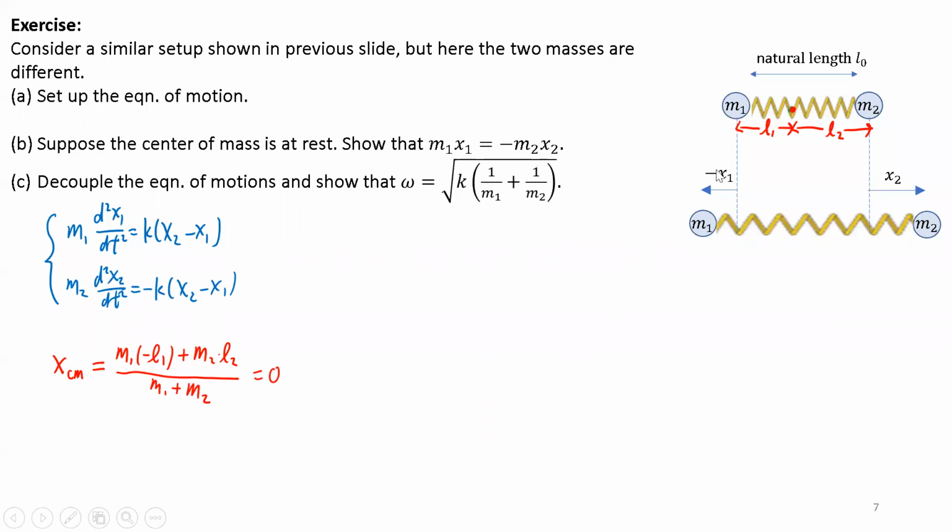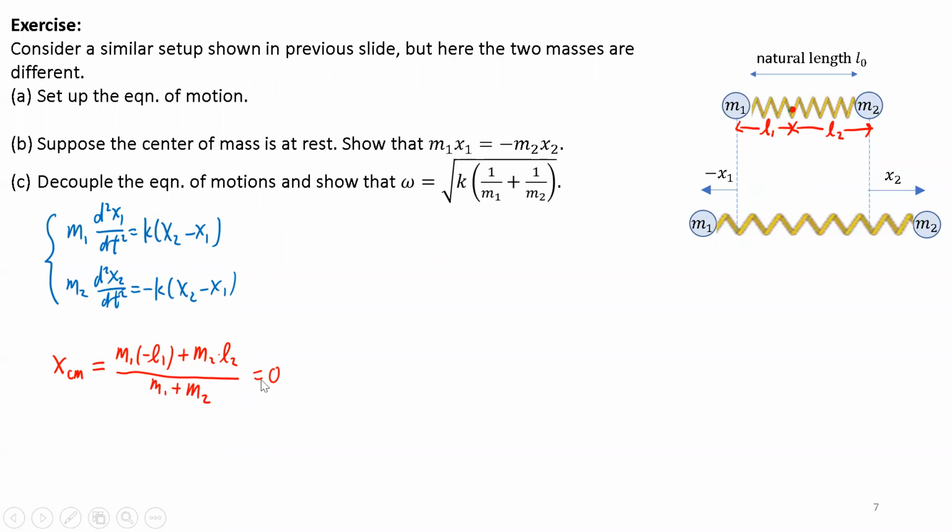As I said, I have already picked this point as the origin of the coordinate, so this X_CM itself is by definition 0. So I have this M1 minus L1, because this is to the negative side, and then this M2 times L2, because this is to this side.